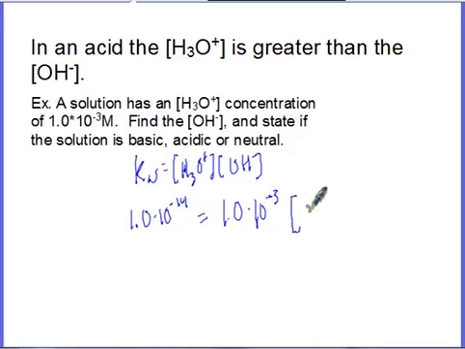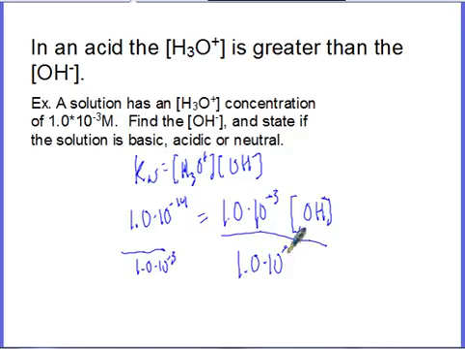We are trying to solve for the concentration of OH. Well, this is an easy thing to solve for, right? We divide both sides by 1.0 times 10 to the negative third over 1.0 times 10 to the negative third.